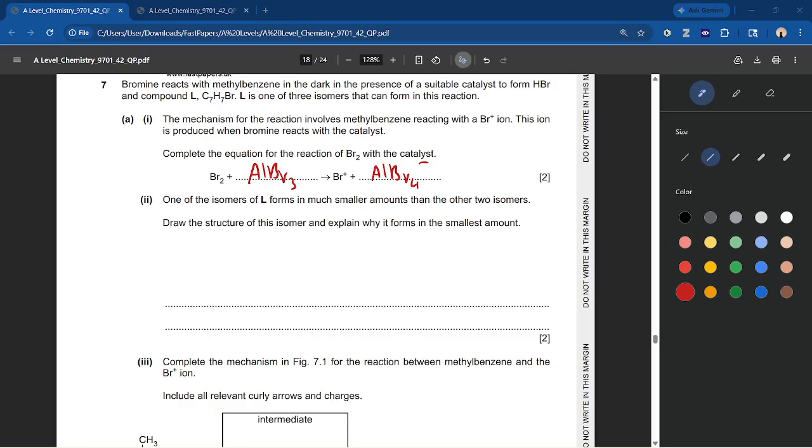So this will be the one with a methyl group over here, CH3, and you're going to draw the bromine over here. And this is because the methyl group has an effect.